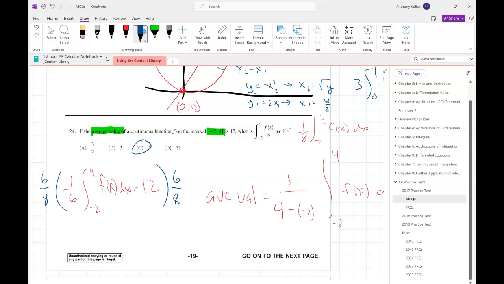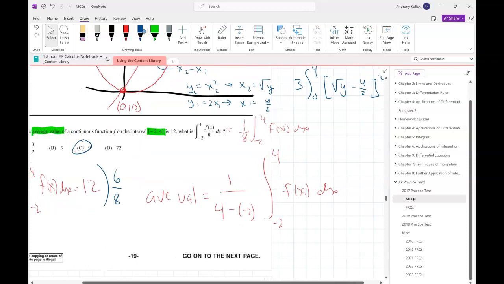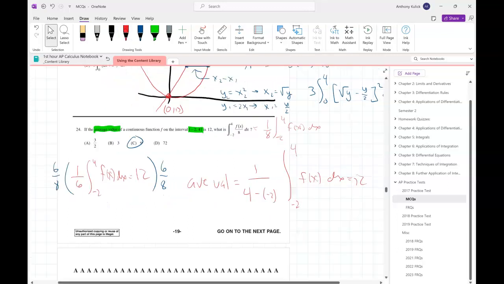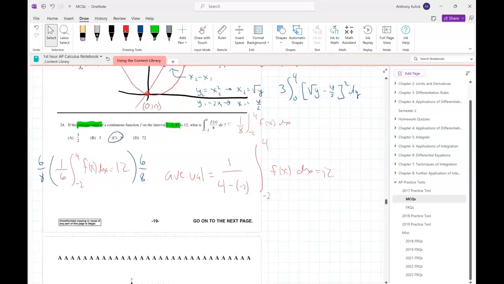Now he says 6 over 8 times 12 is just 9. So again, recognizing our formula and then what we're trying to get to, really easy problem to do.